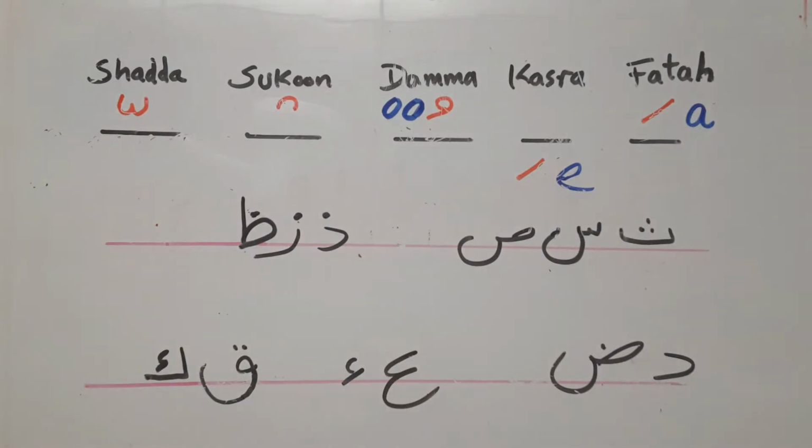These are similar sounding letters. You have a tha. To say the tha, stick your tongue out a little bit between your teeth. Say tha, tha. And then with the sin, the tongue stays flat for sin and sod, both at the bottom, behind the bottom teeth. And with the sin, you have to make a little bit of a hissing sound.